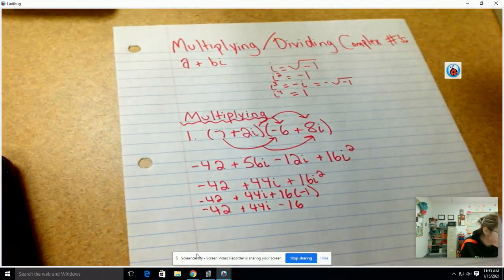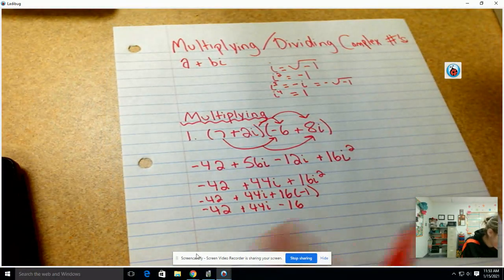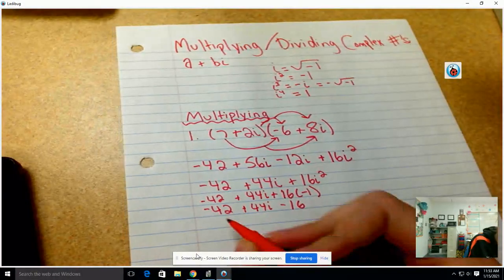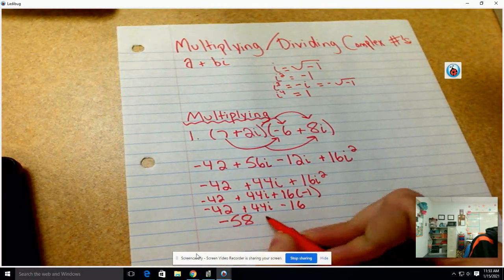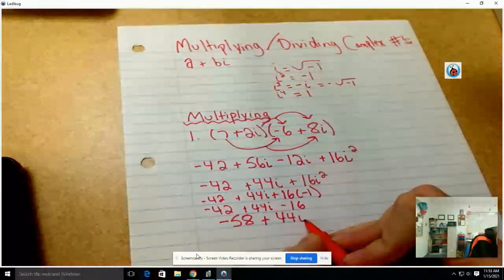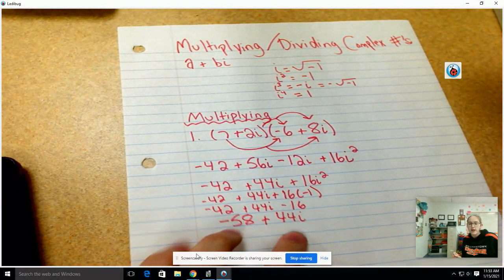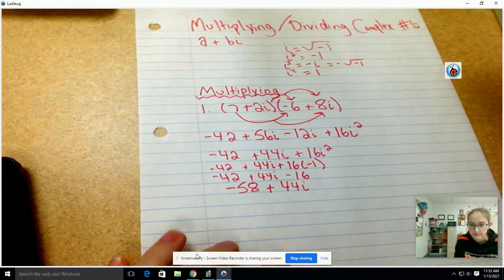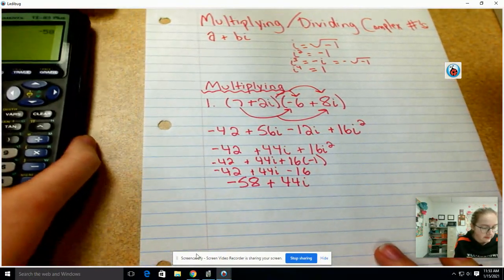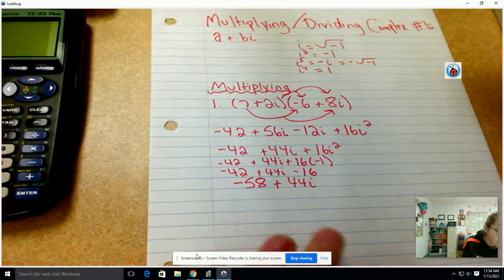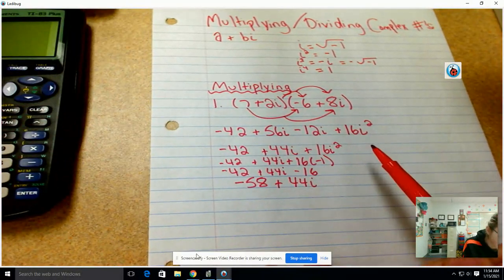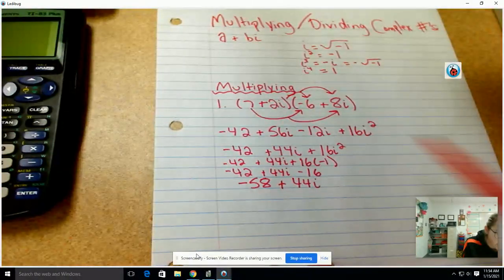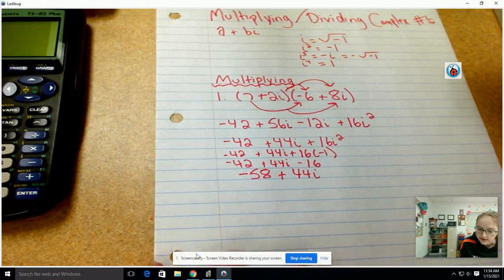And then I can simplify one more time. -42 minus 16 is going to give me -58 plus 44i. And you're always going to want to write it exactly like this with your a first and your b second. So this isn't an unfamiliar process. The only different thing that you all haven't done before is dealing with the i's as well as converting that i squared back into -1.